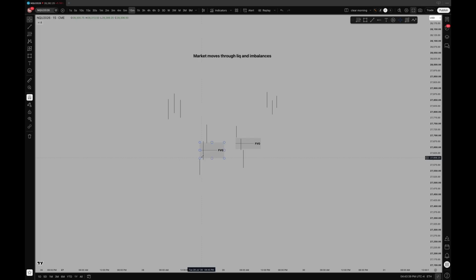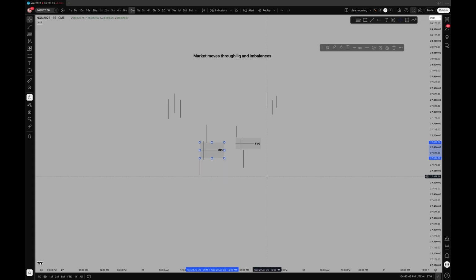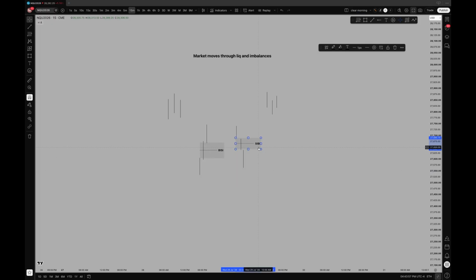Now these have names towards them. The fair value gap that is on the buy side, it's called BISI. It's going to be your buy side imbalance, sell side inefficiency. Then you're going to have your SIBI, which is going to be your sell side imbalance, buy side inefficiency.